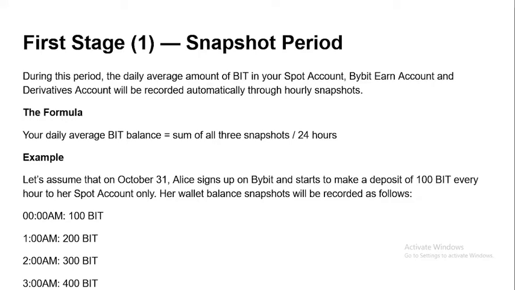So the formula is your daily average BIT balance is equal to the sum of all 24 snapshots over 24 hours. Let's assume that on October 31st, Alice signs up on Bybit and makes a deposit of 100 BIT every hour on a spot account only.